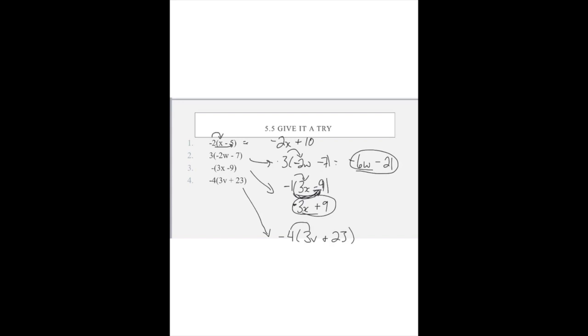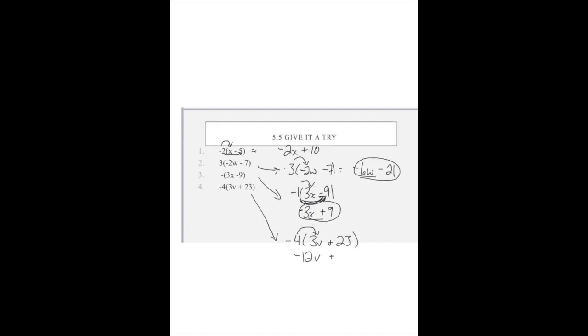So negative 4 times positive 3 will be negative 12, carry the v, plus, and if you don't have a calculator, you're going to have to do a little bit of long multiplication here, but negative 4 times positive 23 will be, so I have to do it in my head now, 92.